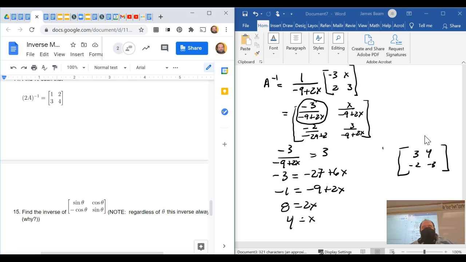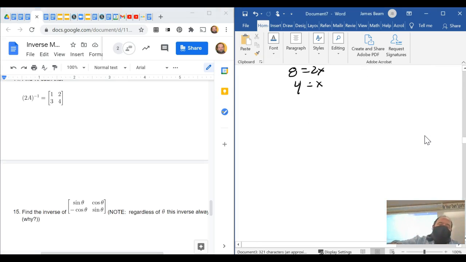So let's talk about what you would do there. This is saying that the inverse of this should be the same regardless of the theta, right? Anybody see why it's going to work? Okay. Try taking the inverse of it.